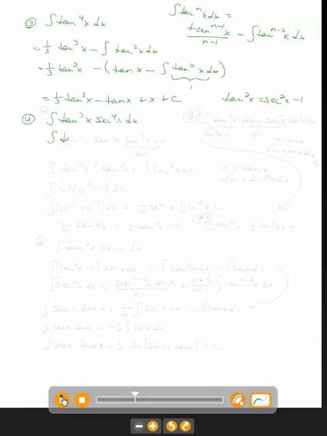So I'm thinking make it a secant squared of x and another secant squared of x dx. Use this one for your derivative. Change this one using that trig identity I just wrote up there in example 3. So this would turn into tangent cubed of x, and then the secant squared would be equal to the tangent squared plus 1.